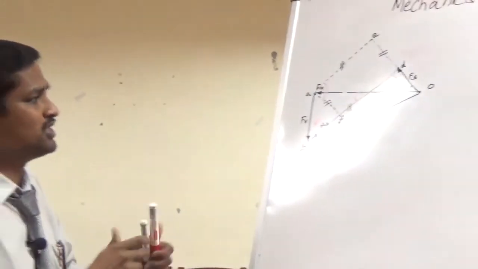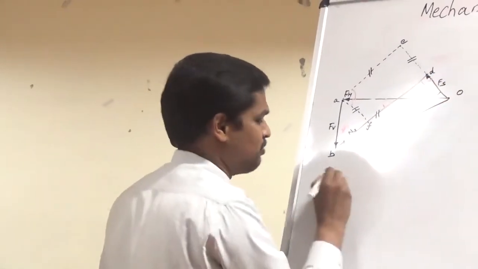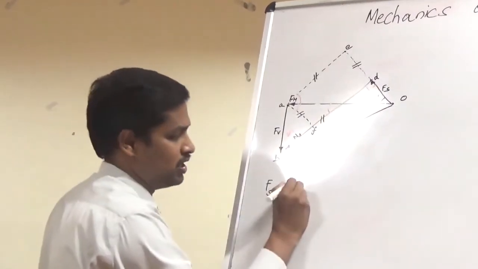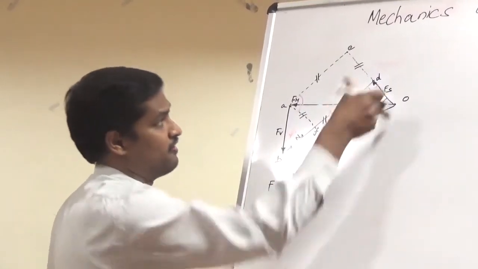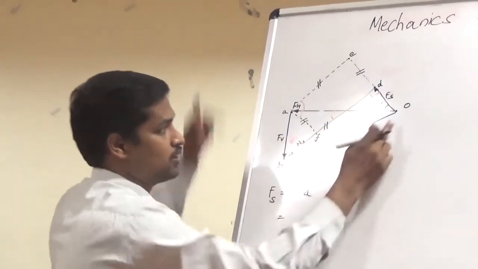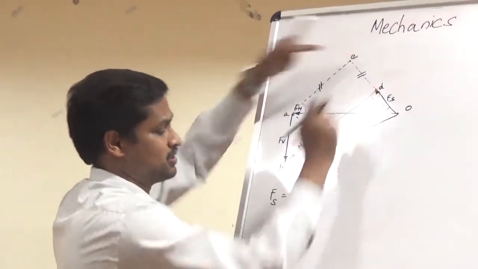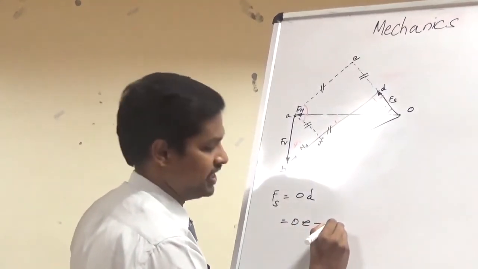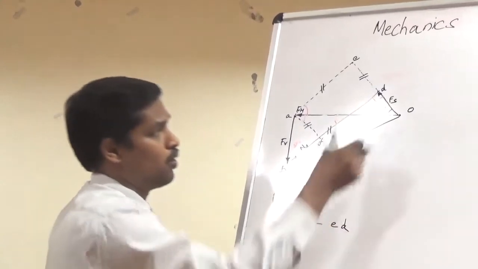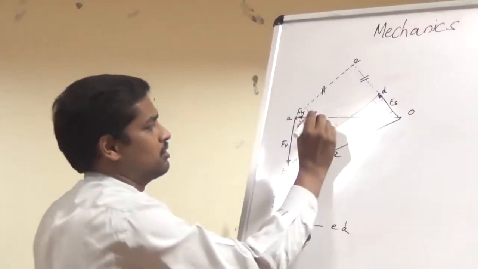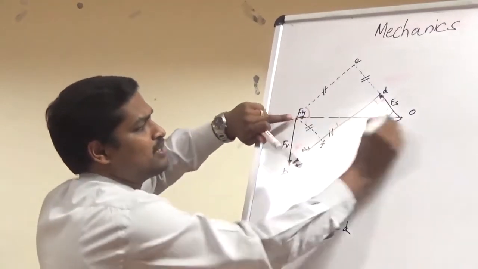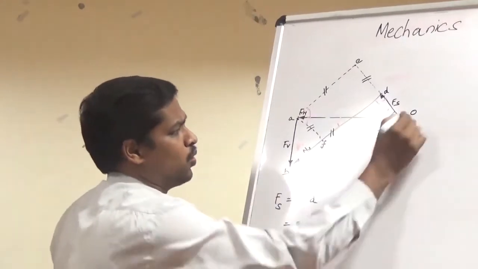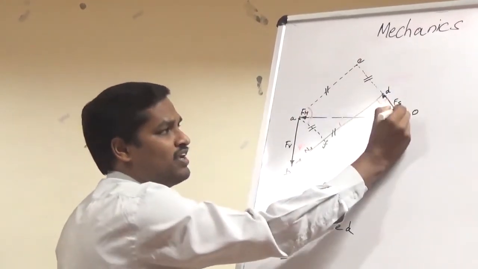So relating the forces, first let me find Fs. Fs is OD, which is OE minus ED, the entire length minus this ED. OE is here and the horizontal line length is FH. Relating this triangle AOE, we can write the relation.